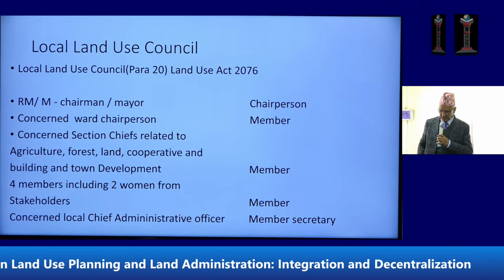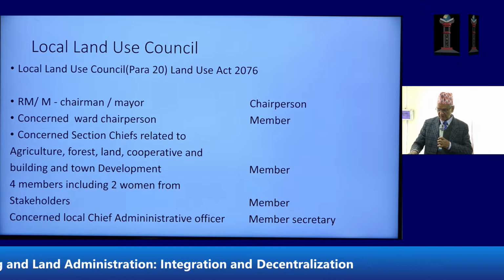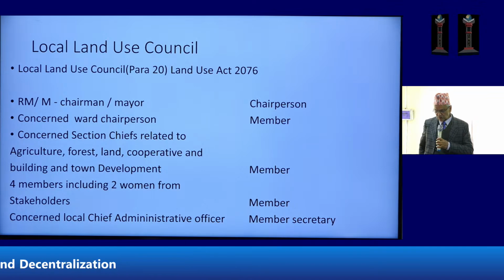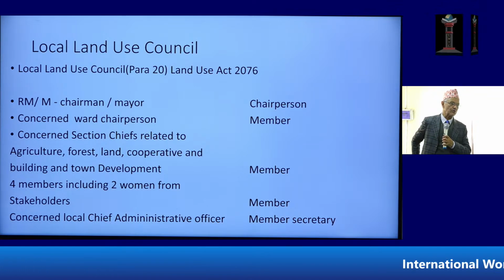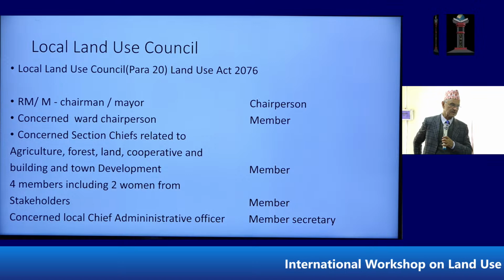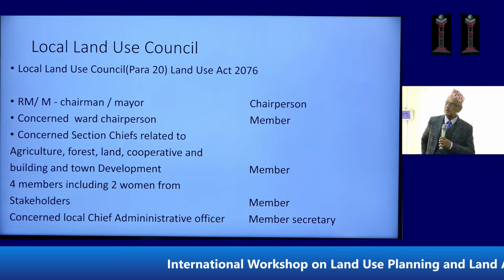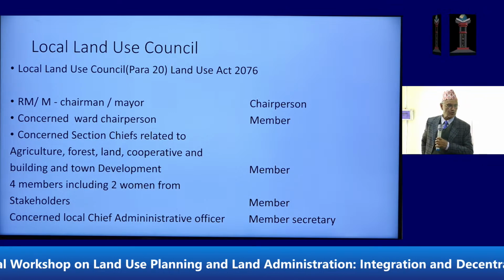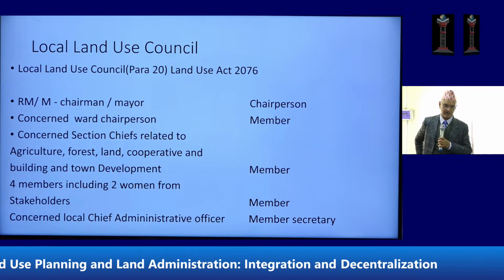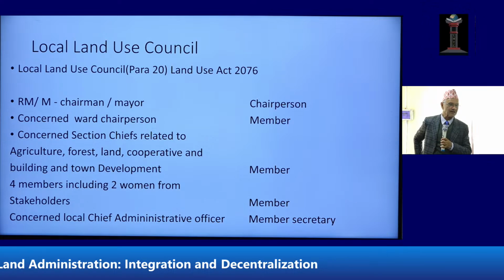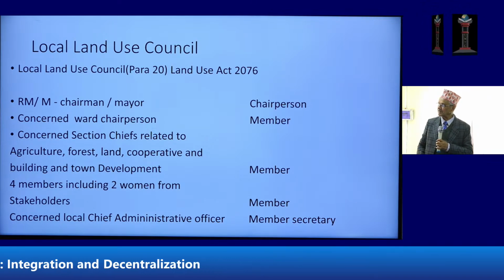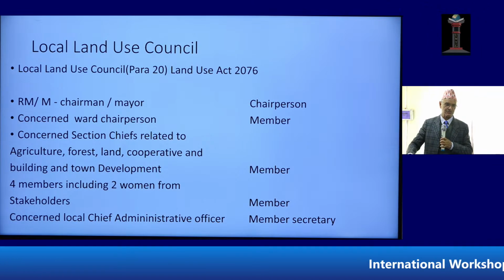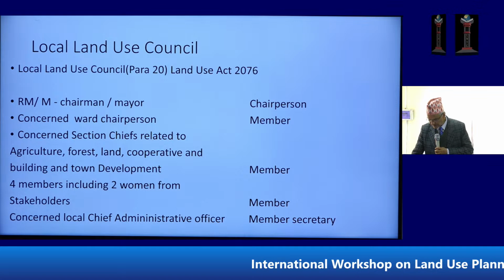Now, this is the land use. Ours now is the land use zoning. They have it at the central level, the federal level, the provincial level, and then the local level council, and this local level council is working now with these things.